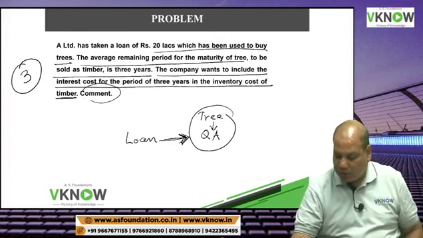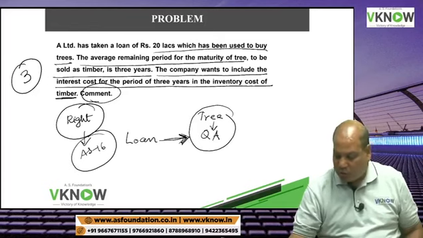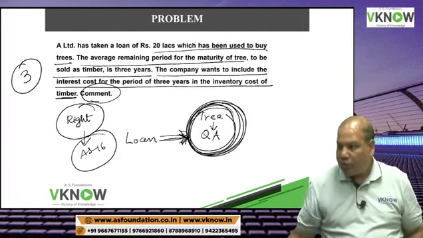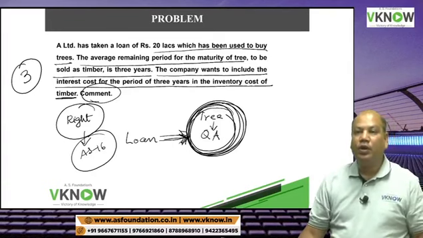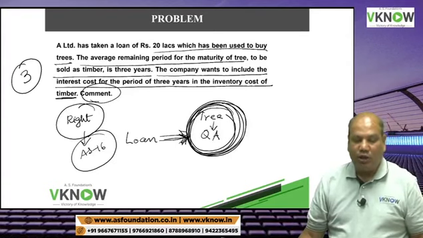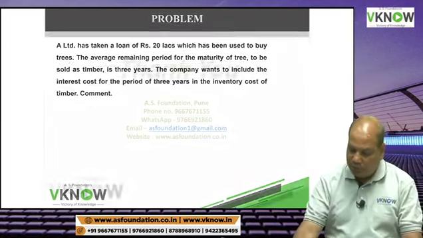The treatment is correct. Treatment is as per AS 16 because the borrowing cost is incurred in relation to acquisition, construction or production of a qualifying asset. So accounting standard 16 allows you to capitalize the borrowing cost.